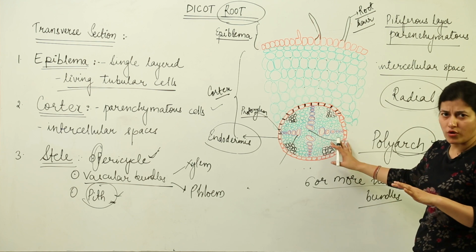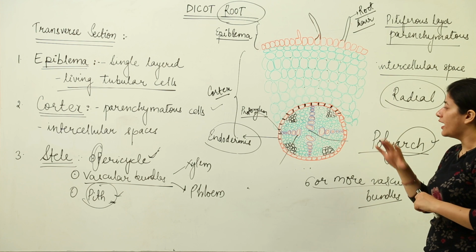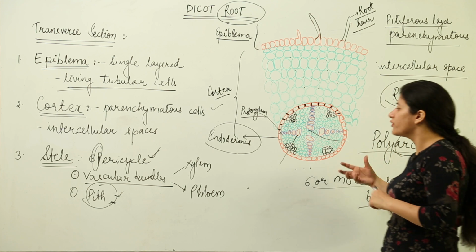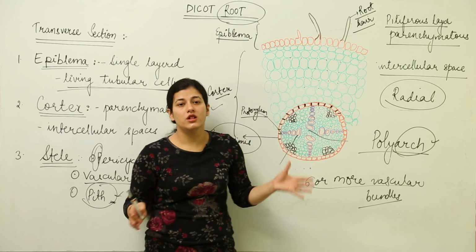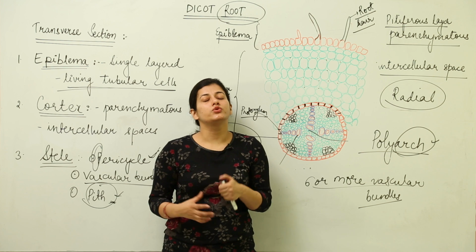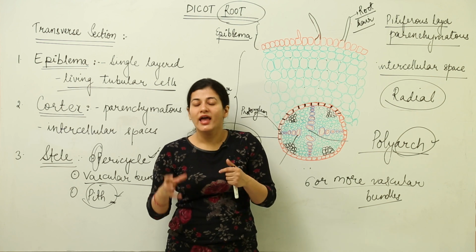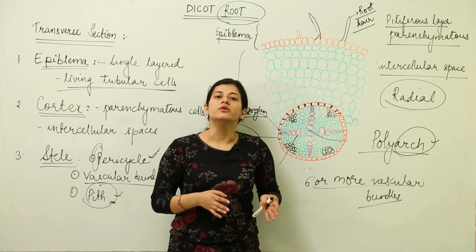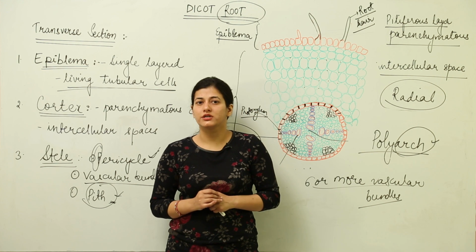It is having 4, not more than that, 4 vascular bundles would be present, and in the case of monocot root we are going to see how many are there or if there are more. So this is all that you have to remember, keeping in mind what type of tissue is present in which part of the root, how they are arranged, and do keep in mind, because this is going to help you a lot in understanding the absorption of water by the root.